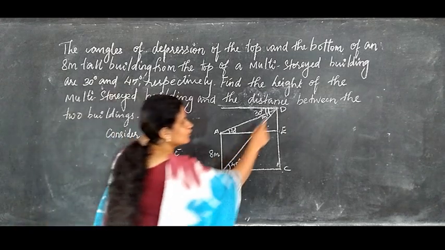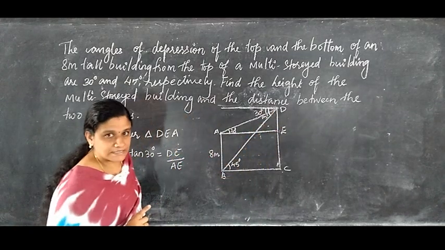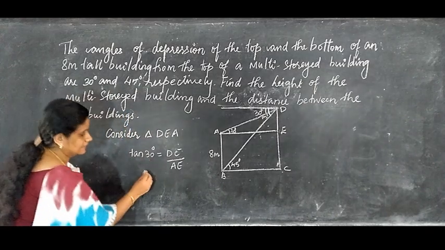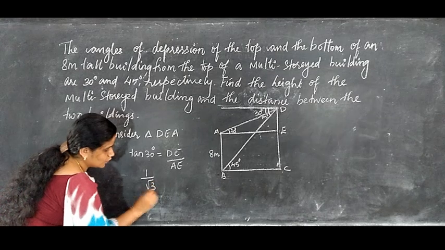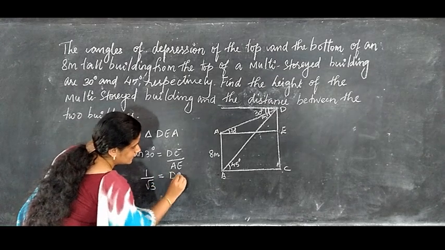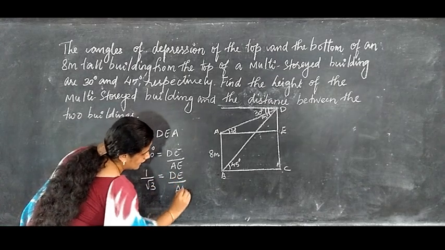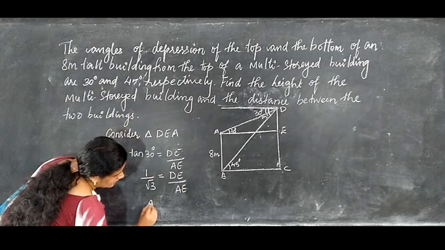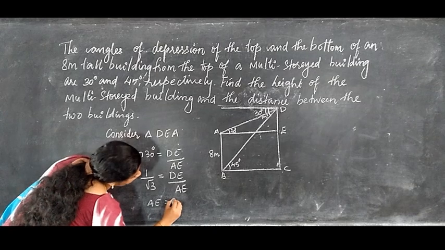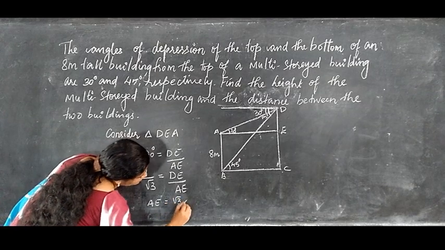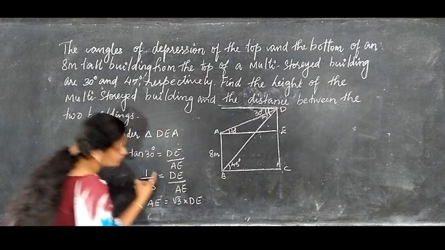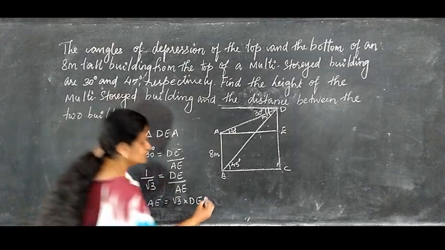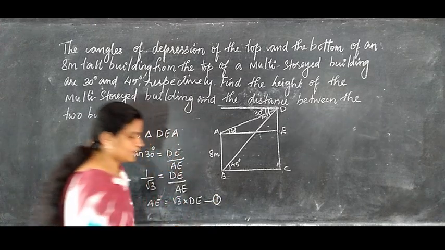We don't know the value of DE and AE. Now what is tan 30 degrees? Tan 30 degrees is equal to 1 by root 3, equal to DE by AE. So from here we can write AE is equal to root 3 into DE. If we cross multiply, AE is equal to root 3 DE. This is equation number 1.